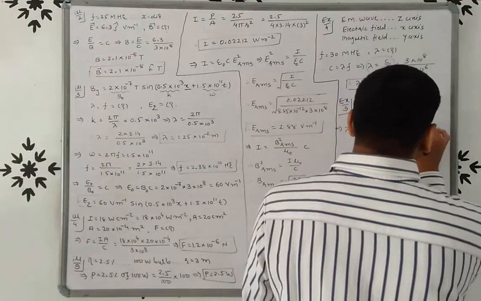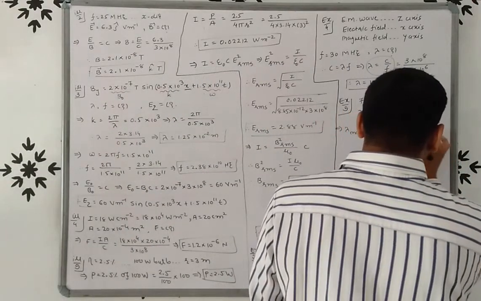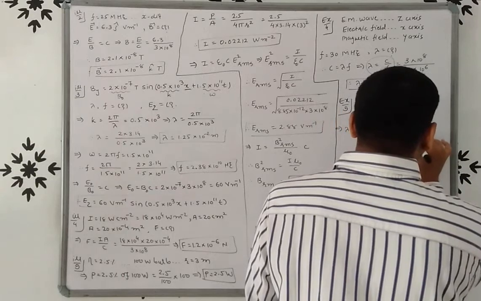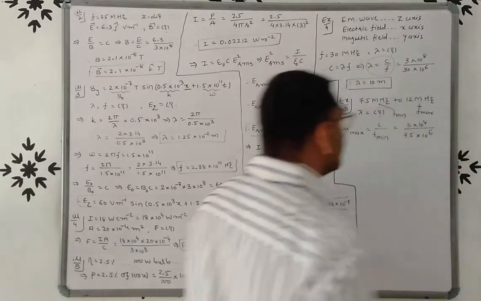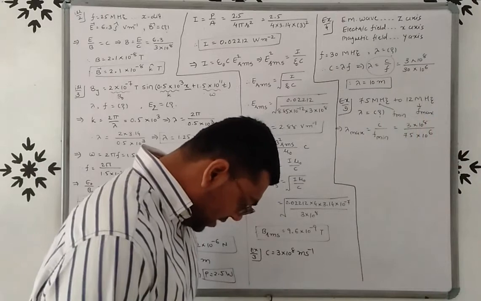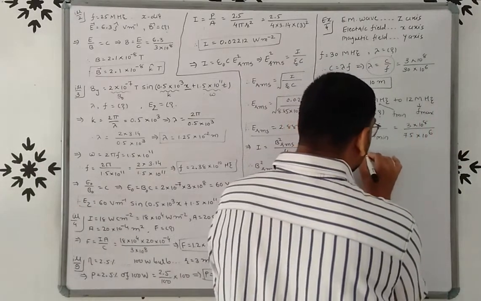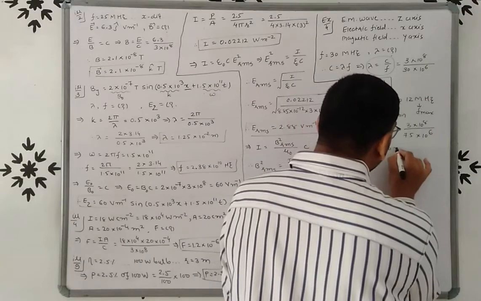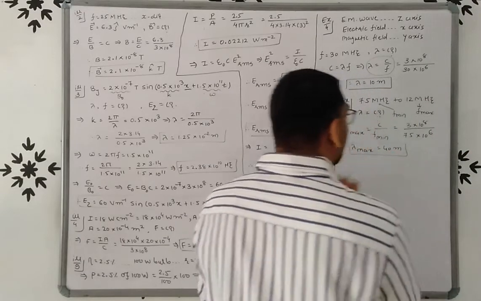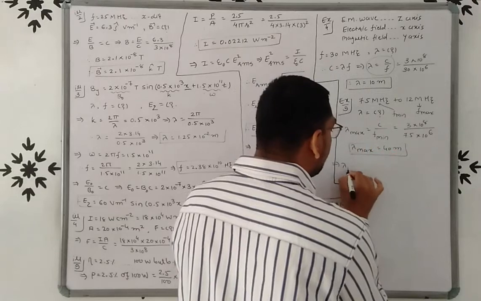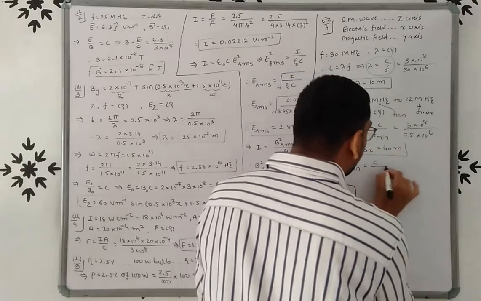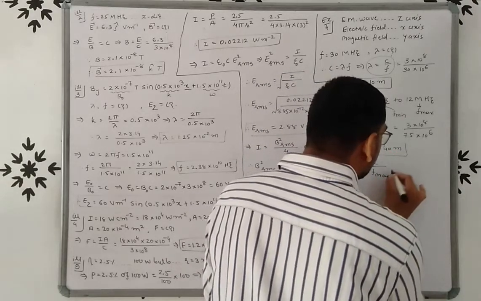So c that is 3 into 10 raised to 8, minimum frequency 7.5 mega, so 10 raised to 6. So you will get 40. So maximum wavelength will be 40 meter. Now for minimum wavelength, lambda minimum that is equals to c upon maximum frequency, right?